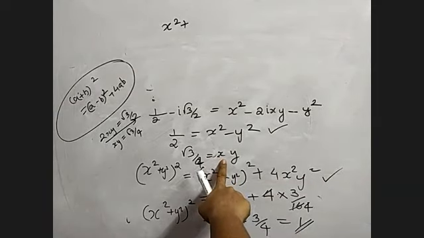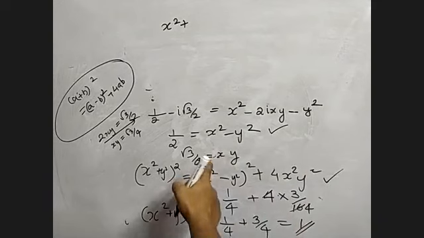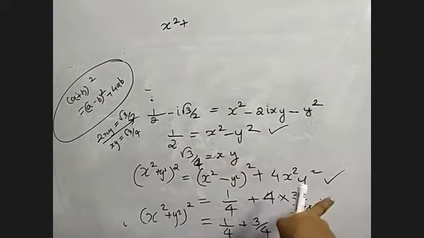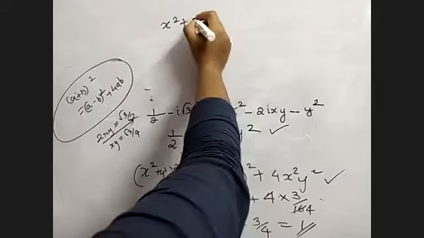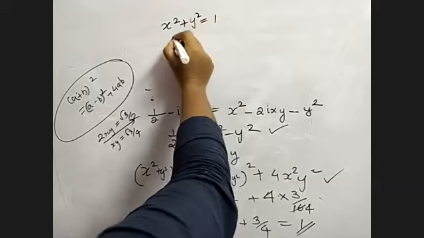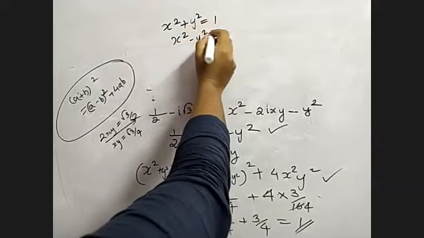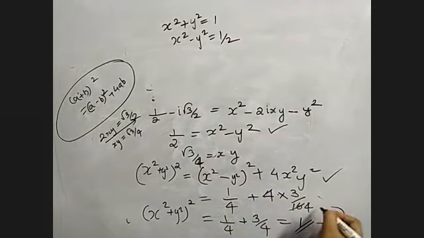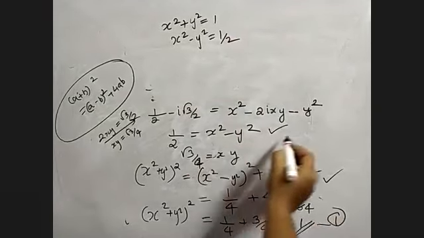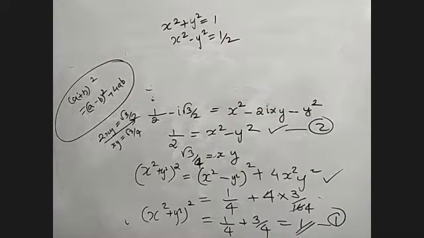Or you can do that also. The square means you will directly get this. Anyway, you get 3 by 4 here. So our two equations are x square plus y square is equal to 1 and x square minus y square is equal to half. This equation we got here and another equation we have here. Understood?